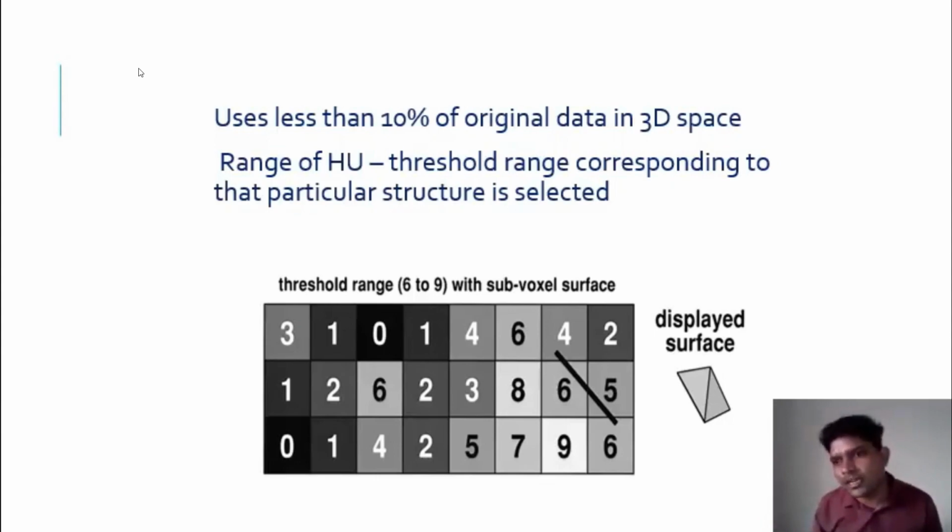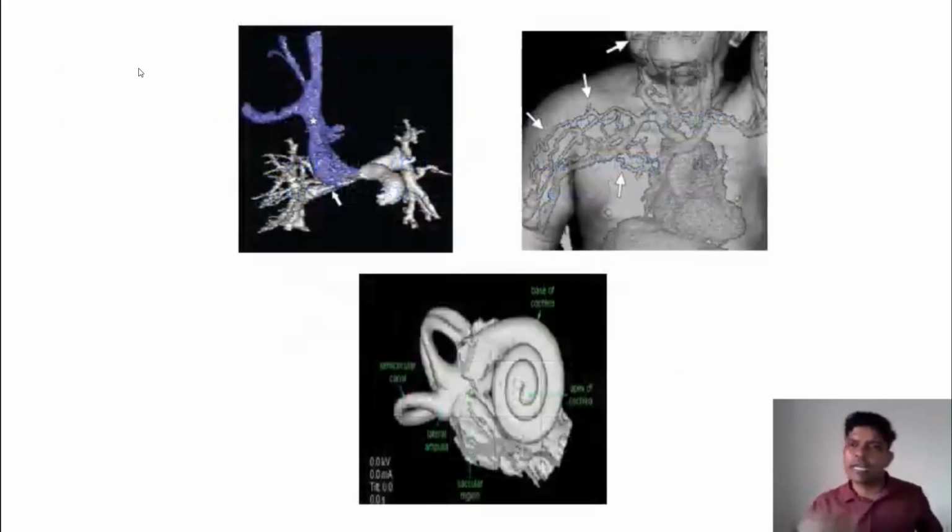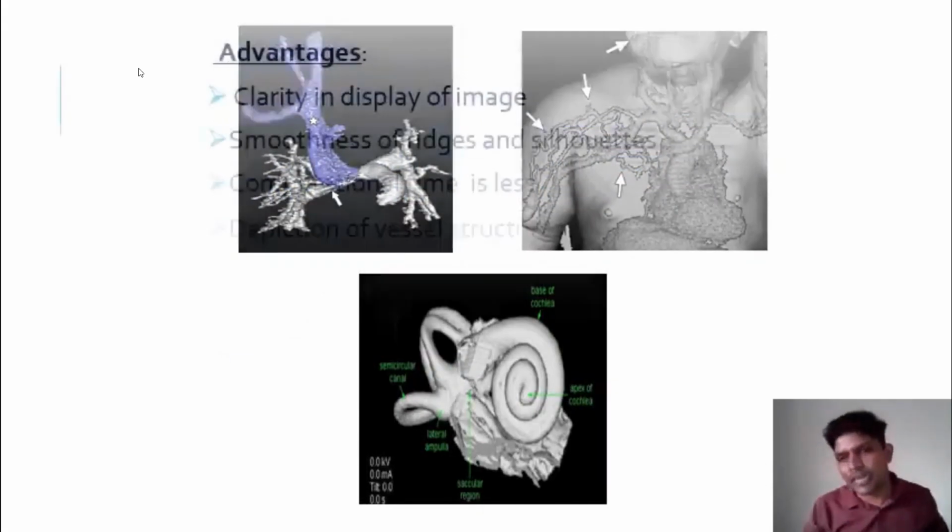Here you can see the displayed surface with a threshold range of 6 to 9. Only voxels in that range form the surface and create the image. Here also, only 10% of the original is selected to create the image. You can see how the image is formed with the surface render.